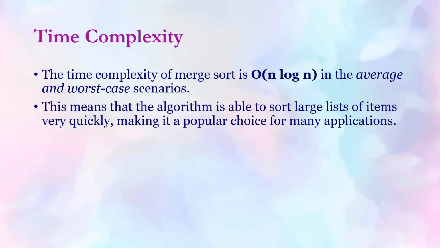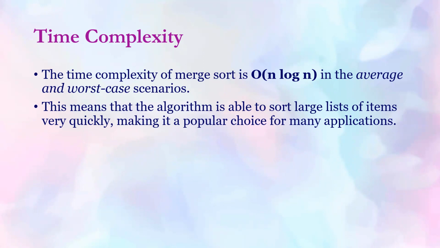Now, let us look into the time complexity. The time complexity of merge sort, and I'm not talking about a parallel environment here, in the average and worst case scenarios is order of n log n. I'm sure you've already learned what worst case and average case are. For better recollection, I would suggest that you go back and see what the average and worst case scenarios are.